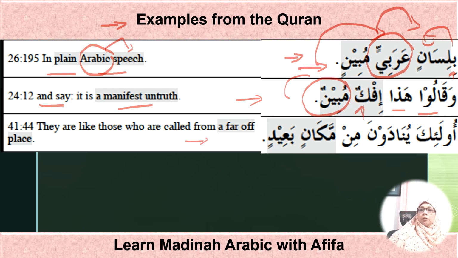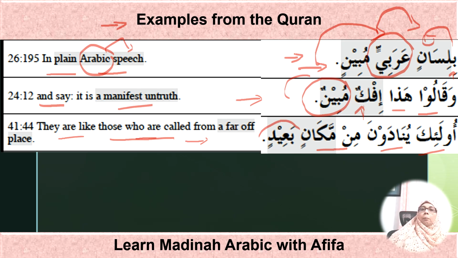And in this verse, Ulaika yunadawna mim makanin ba'idin. It means they are like those who are called from a far off place. Ulaika means those. Yunadawna is a verb. It means those who are called. Min means from. Makanin is place.